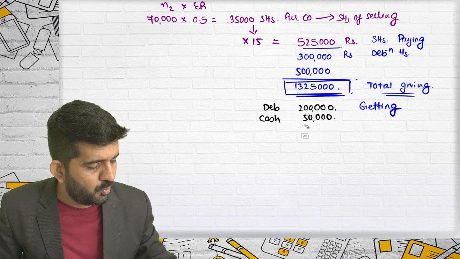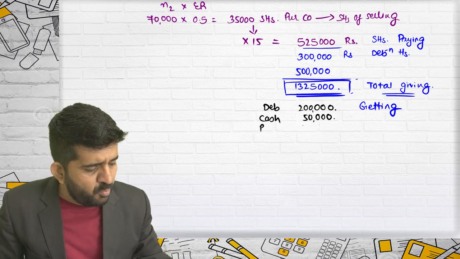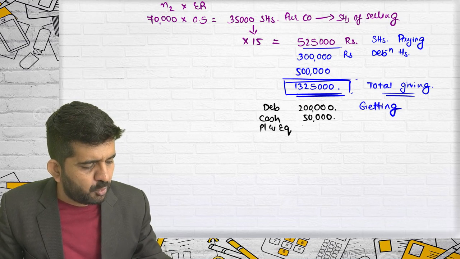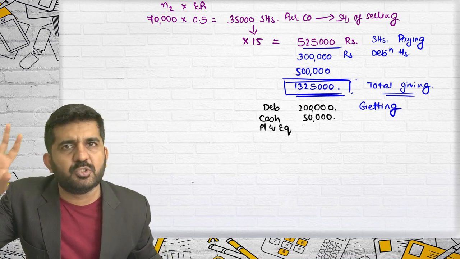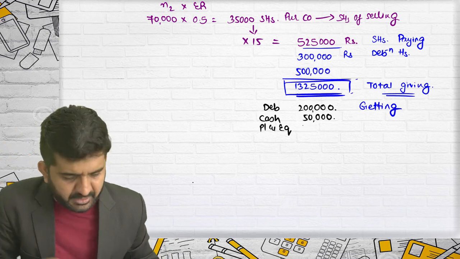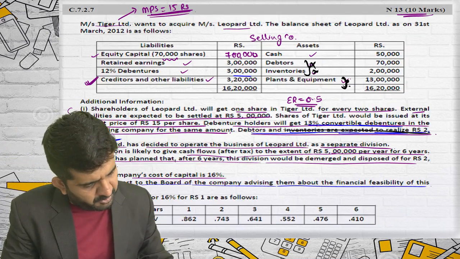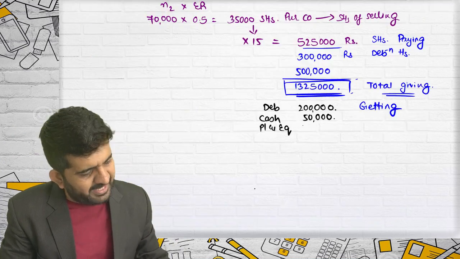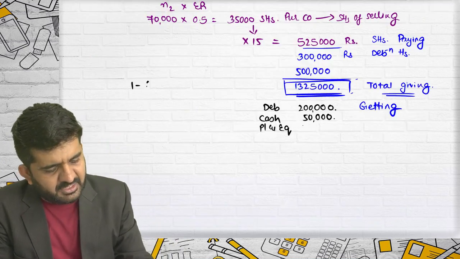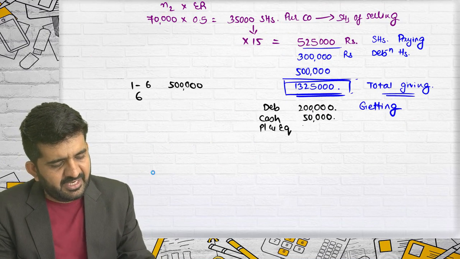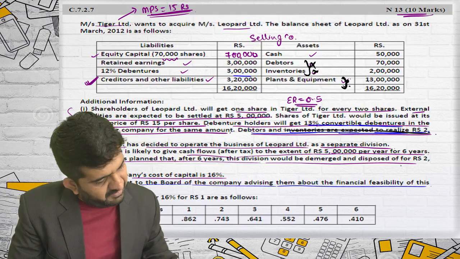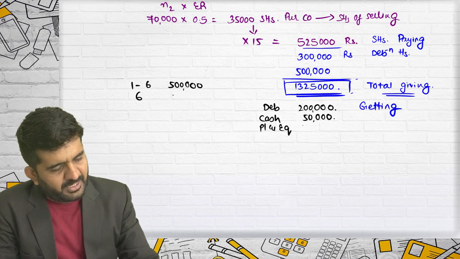No. Then how much money will this plant and equipment generate? It is going to be used as a separate unit. How much cash flow will it be generating? 5 lakh per year for 6 years. And in the 6th year, there will be a terminal value of 2 lakhs rupees.